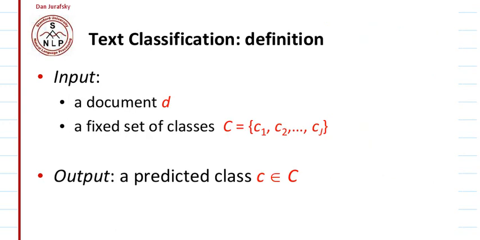So how do we define text classification? We have a document D, and we have a fixed set of classes.